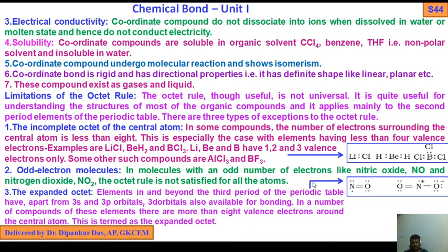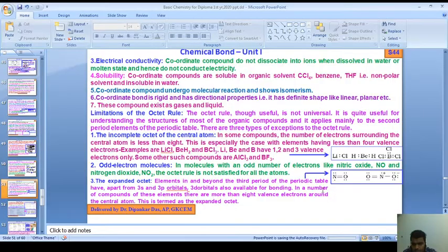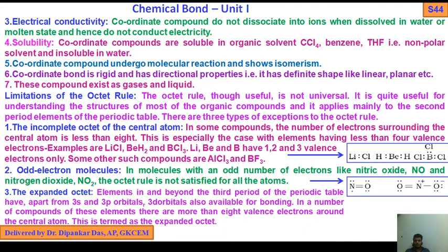Counting 2, 4, 6, 7, these are odd electrons. So in odd electron molecules, the octet fails to be complete.